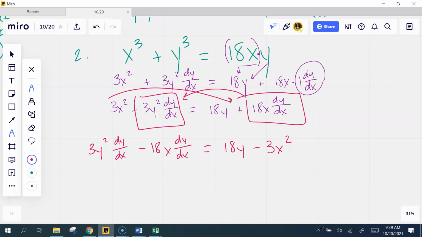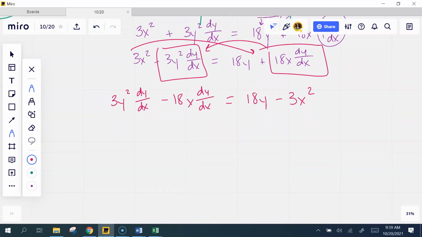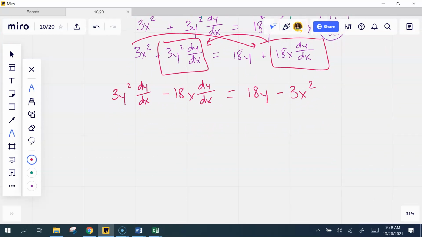Now, factor out a dy/dx because everybody on that side has it. I made sure everybody on that side has it, so I'm going to take it out from everybody. So I'm going to say dy/dx times 3.